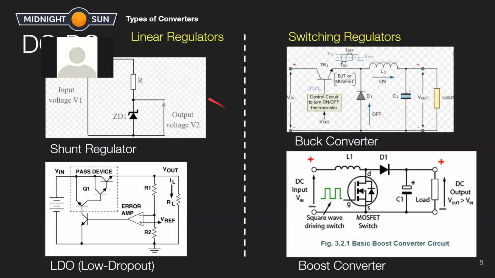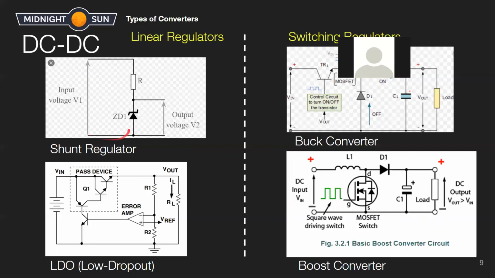I'm going to, to the best of my ability, try to walk through how each of these common types of regulators work. So we have linear regulators. One really common type is a shunt regulator, and the way that it works is the property of Zener diodes. Like the diodes we were talking about back in slide 1, they don't conduct in reverse bias, but Zener diodes do.